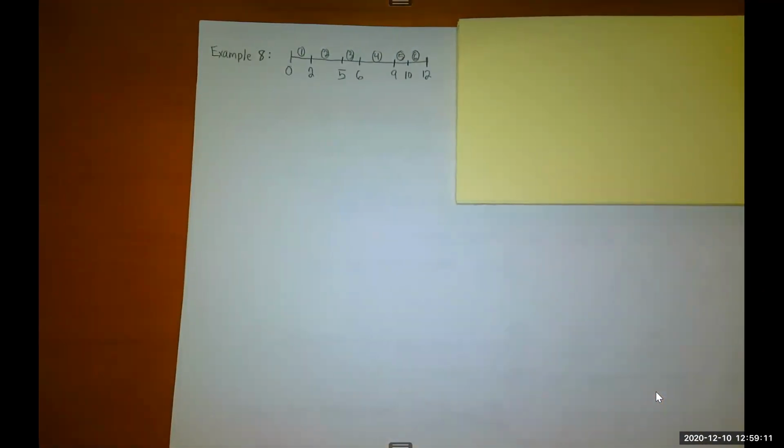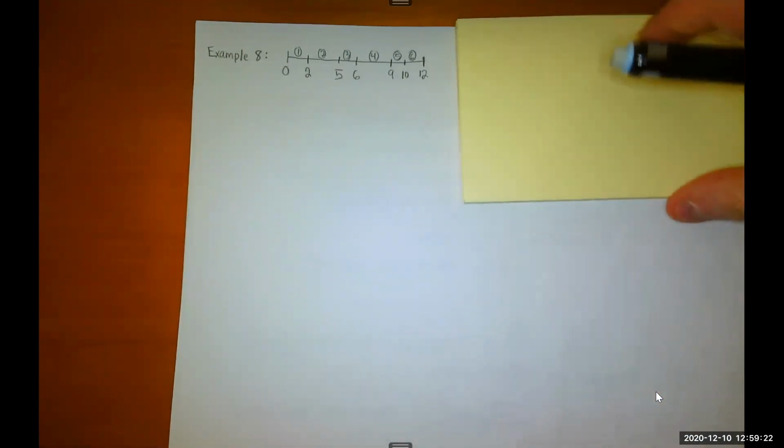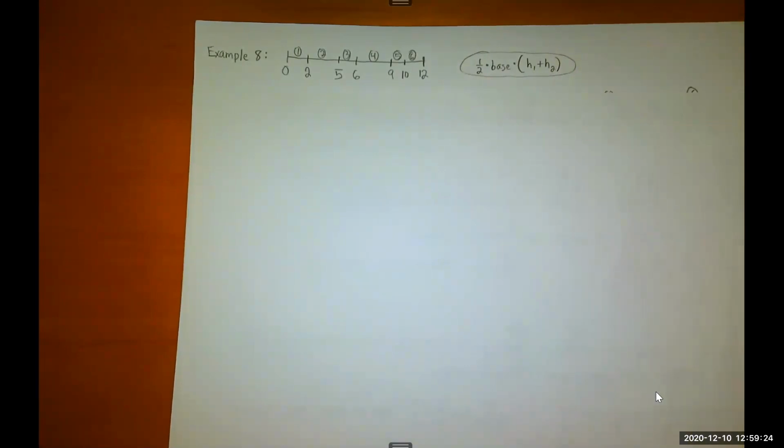So they do space out nicely, even though they're not equal length subintervals or equal length bases or uniform bases. And it says use trapezoidal rule. So we're going to do 1/2 times the base times the sum of the heights for this particular situation.